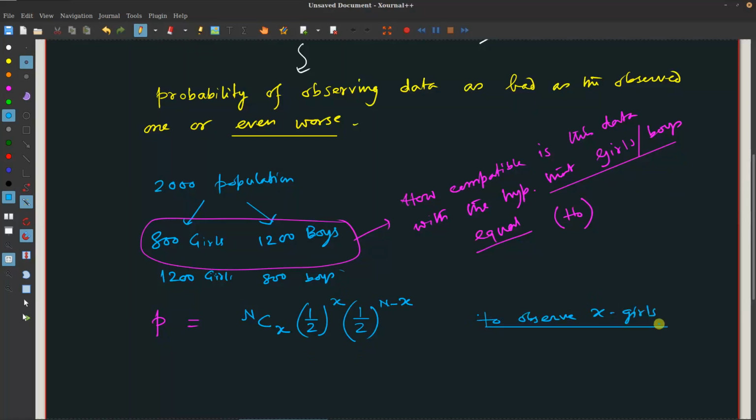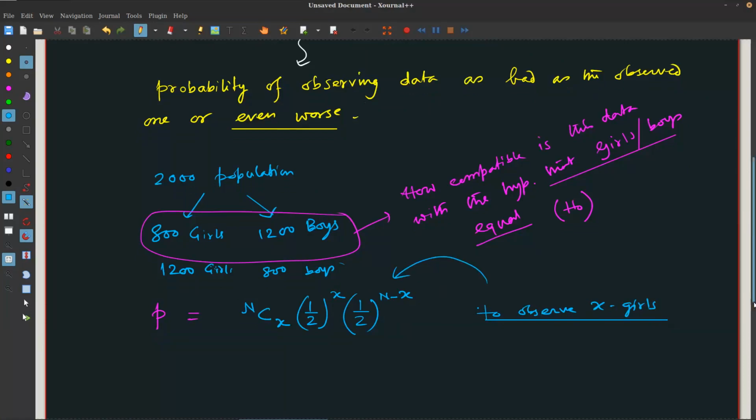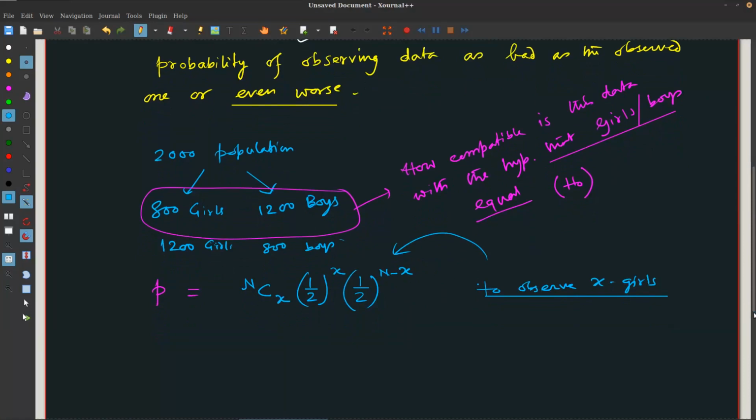Now I have to compute the probability of observing fewer than 800 girls or greater than 1200 girls, because those are equally bad. So you sum x equals 0 to 800, plus the same thing for x equals 1200 to 2000.